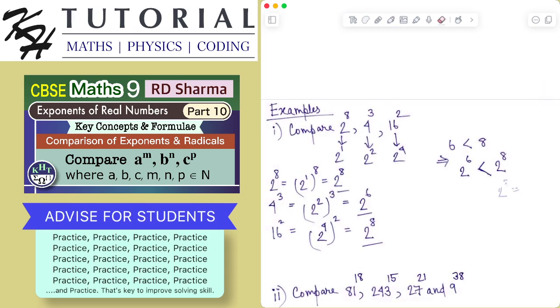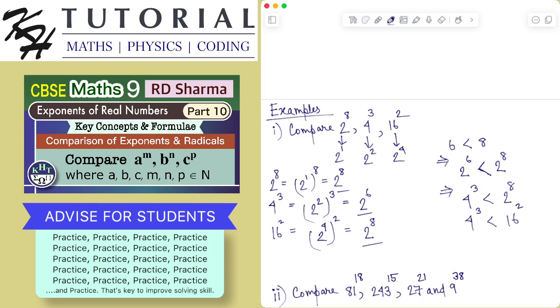So now, what was 2 to the power 6? 2 to the power 6 was 4 cubed. So 4 cubed is definitely less than 2 to the power 8, and 4 cubed is also less than 16 squared, because 16 squared is also equal to 2 to the power 8.